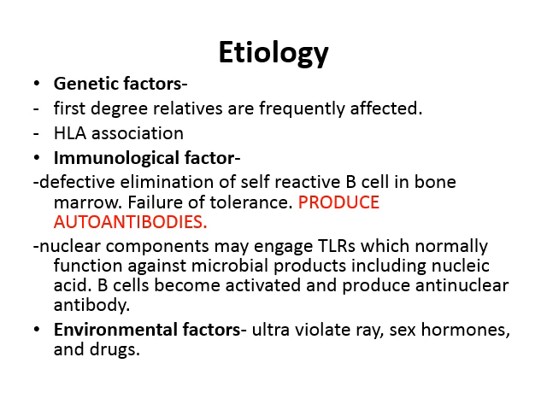Now the etiology. Etiological factors are genetic factors, immunological factors, and environmental factors. In case of genetic factors, first degree relatives are frequently affected and HLA association is also found in this disorder.